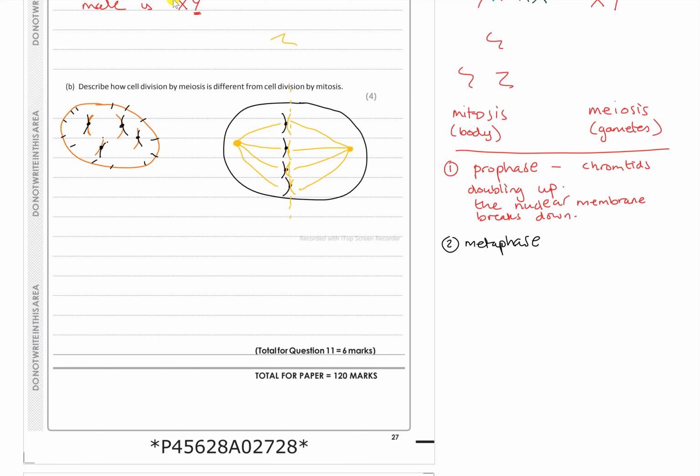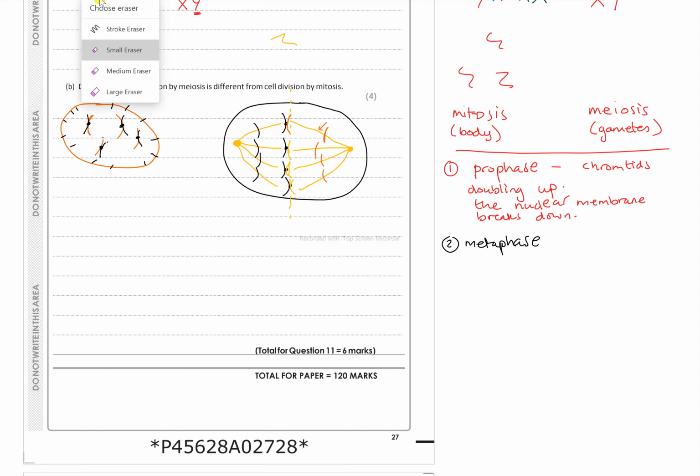So they all align up, and these spindles, they start shortening. So what happens is this gets pulled to this half. So you've got one copy or one chromatid on this side, and the other one goes to that side.